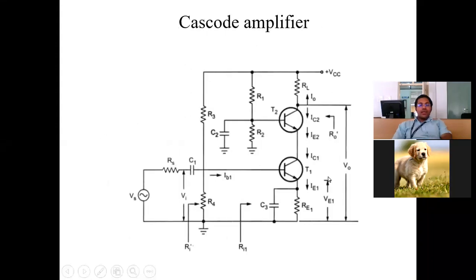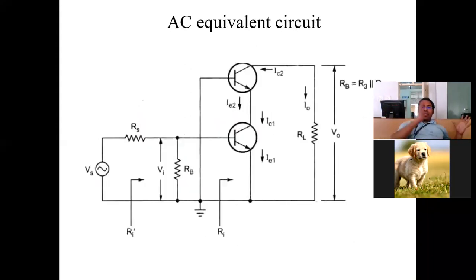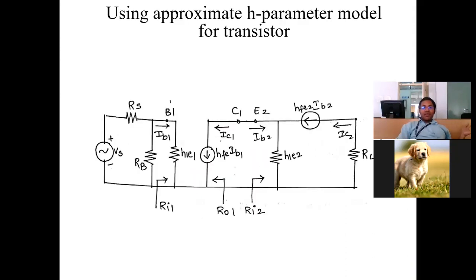See, don't be very afraid by looking at the circuits. Our circuits will be very large. All we are doing is the AC equivalent: replace the transistor by the approximate model we have seen. It may appear very difficult, but it is not. It is just like drawing: when you are small, you have drawn houses, lakes, ponds.